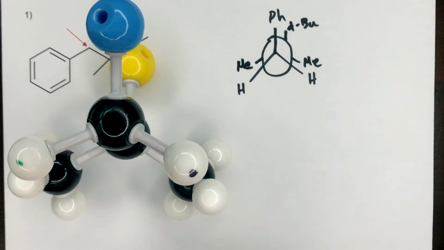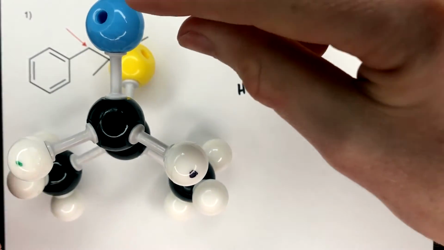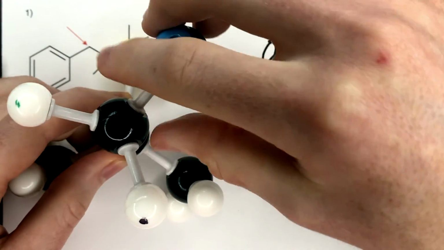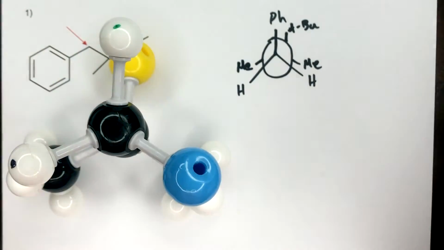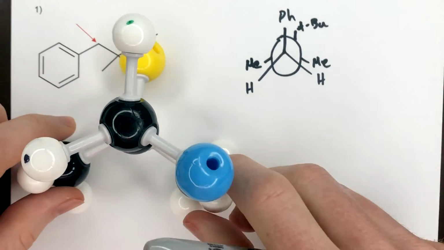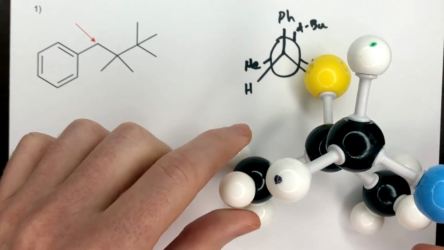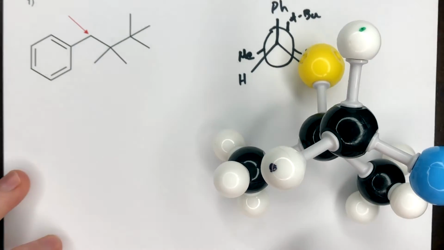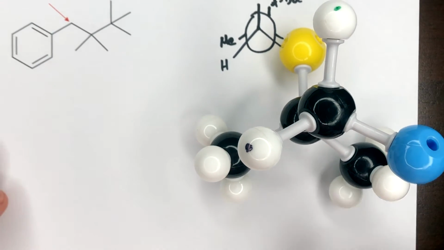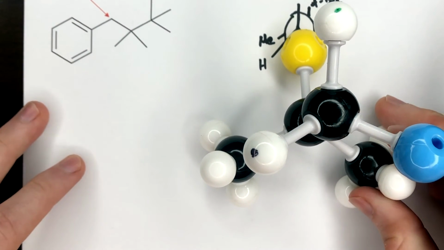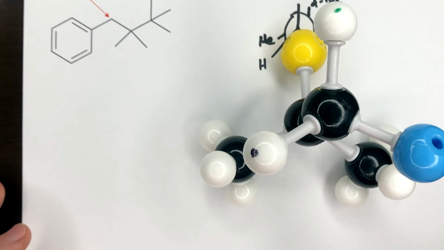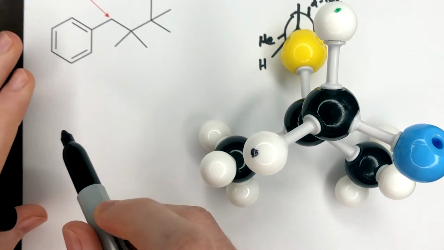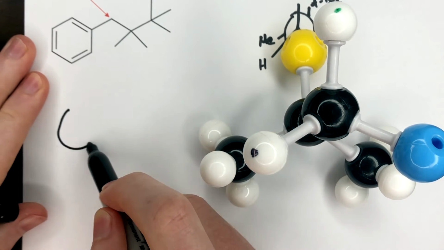Now again, just like we did in the previous example, we rotate this 120 to give us the new eclipse, now instead of the new staggered like we did in the last question. So here gives us the new eclipsed, where our T-butyl group is eclipsing the hydrogen, and our phenyl is eclipsing the methyl there. So let's draw this.